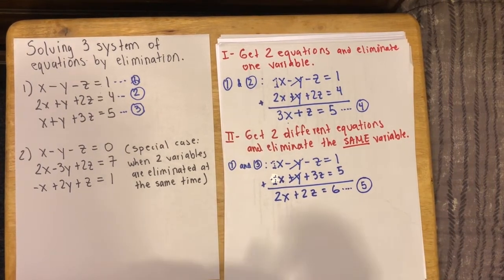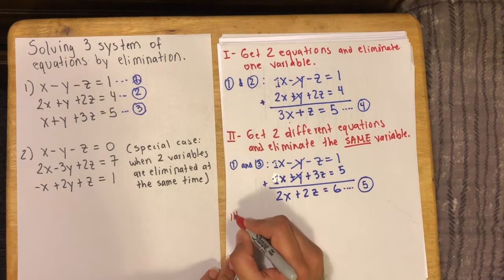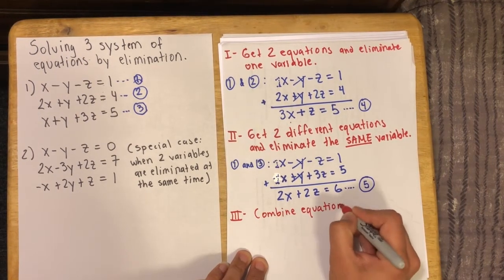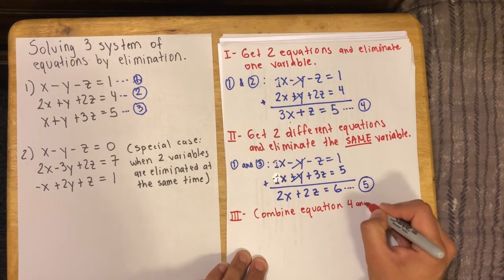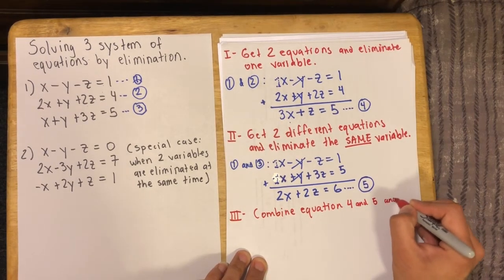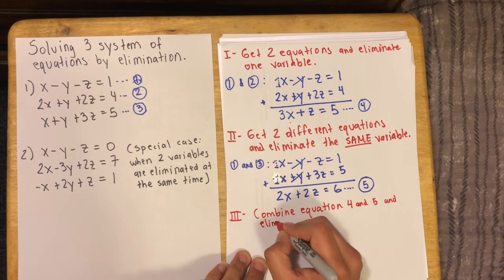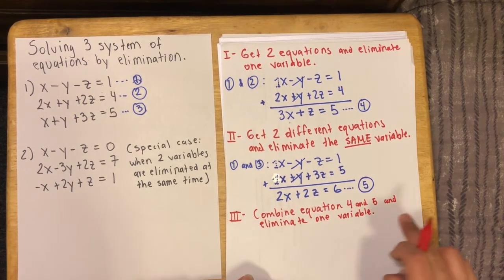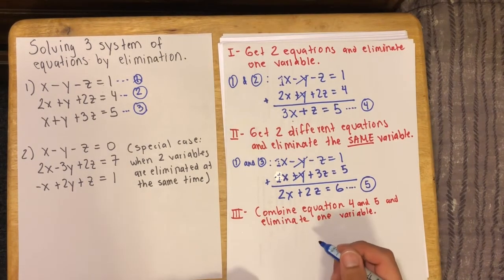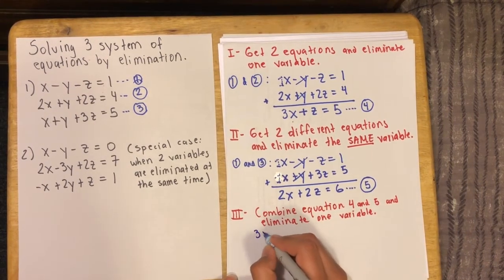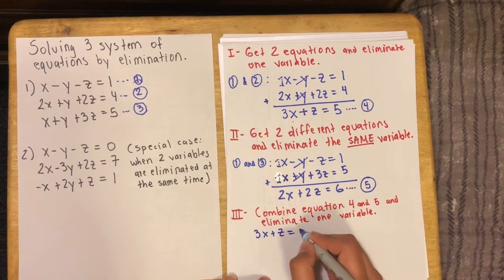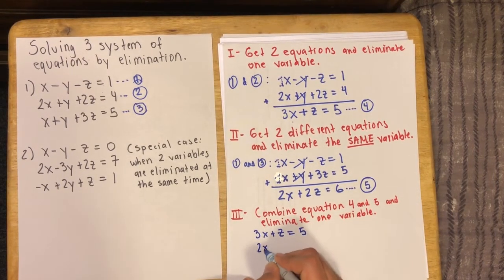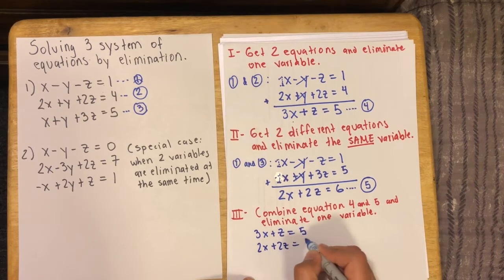Now let's go to step 3. Step 3 is to combine equations 4 and 5 and eliminate one variable in order to solve for the other variable. Equation 4 is 3x plus z equals 5, and equation 5 is 2x plus 2z equals 6.